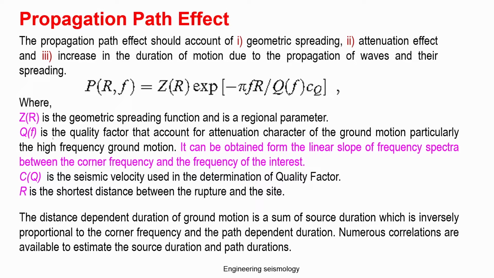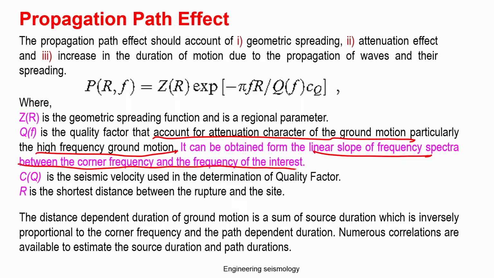Here Z of R is the geometric spreading function, a regional parameter that can be estimated from minor recorded earthquakes in the region. Q of f is the quality factor, accounting for attenuation characteristics, particularly of high frequency ground motion. It can also be obtained from the linear slope of the frequency spectra between the corner frequency and the frequency of interest, using regional data.